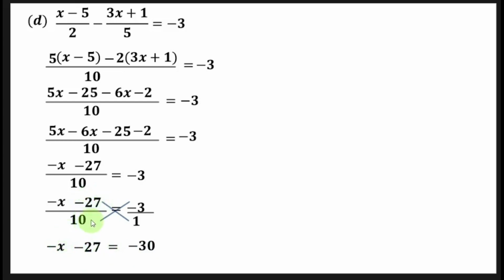All right, then you collect now like terms here. Since you have gotten rid of the division, now you can collect the like terms. This is a number and this one, so this one will cross. So when this one crosses, you remain with negative x is equal to negative 30. This negative 27, when it crosses now, it will become positive 27. So you say negative x is equal to, so here you have different signs.